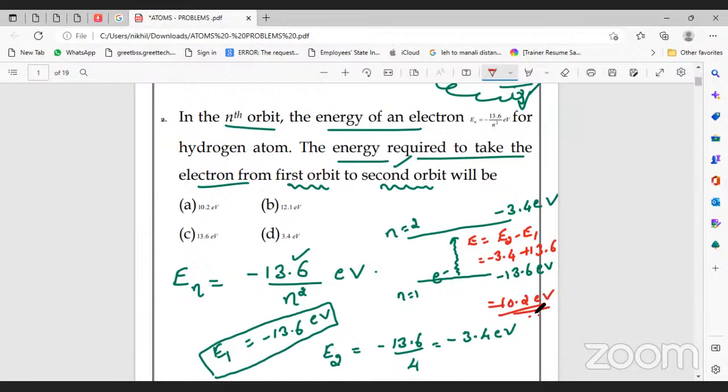So how much energy you have to give to the electron in order to take it from first orbit to second orbit? You have to give an energy of 10.2 electron volt. This is the energy you require to take the electron from first orbit to the second orbit.